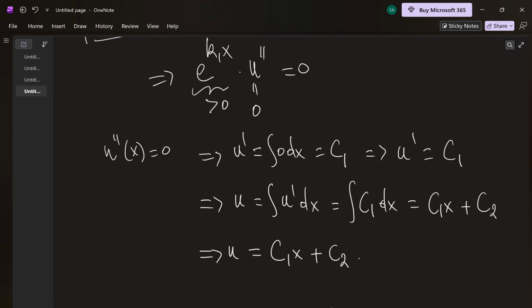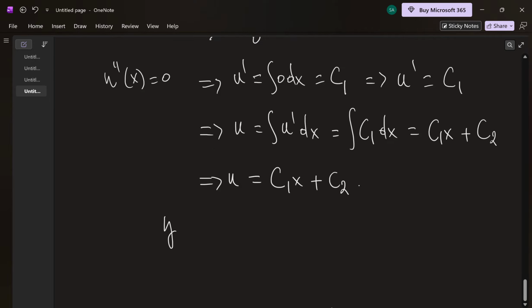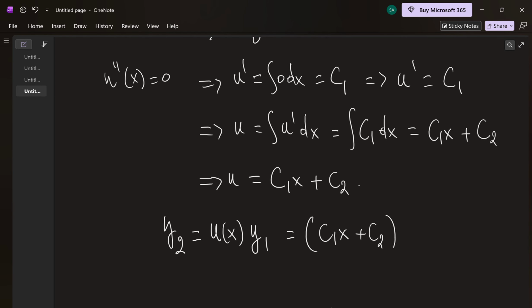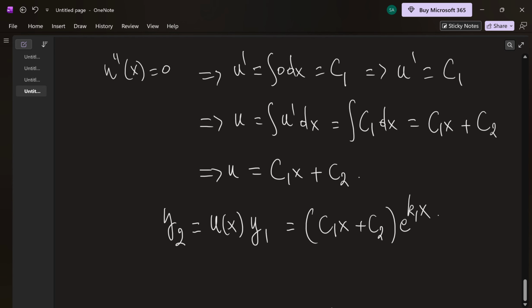Now we will replace this in the second solution. Since u2 is equal to u(x) times the first solution, which is u1, you get something like this: (C1x plus C2) times exponential k1x.